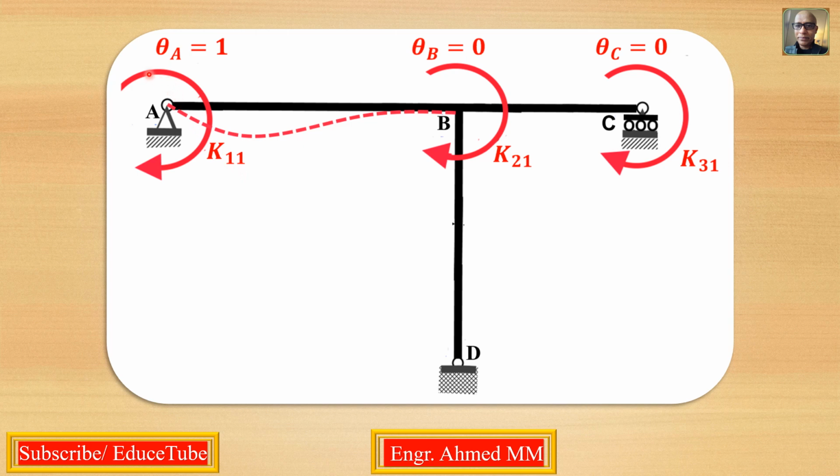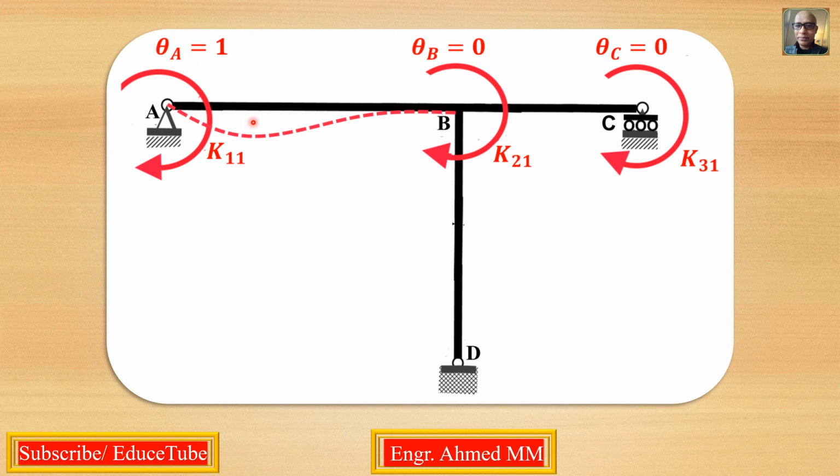Because for unit rotation theta A equal to 1, we get a force here in terms of moment at this joint, and it will be 4EI over L. And the members connected to these joints are affected by this rotation. Because the rotation is 1, our force in terms of moment will be 4EI over L.